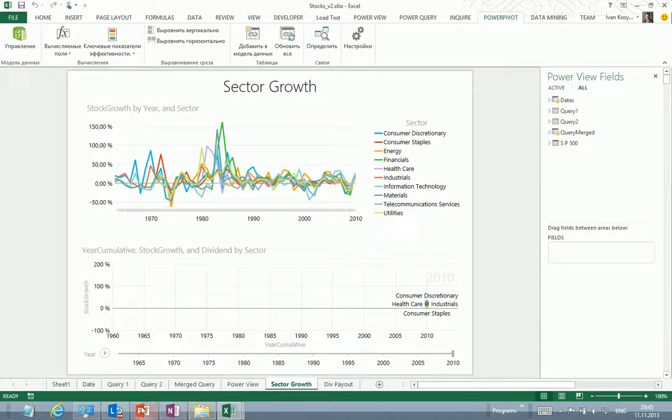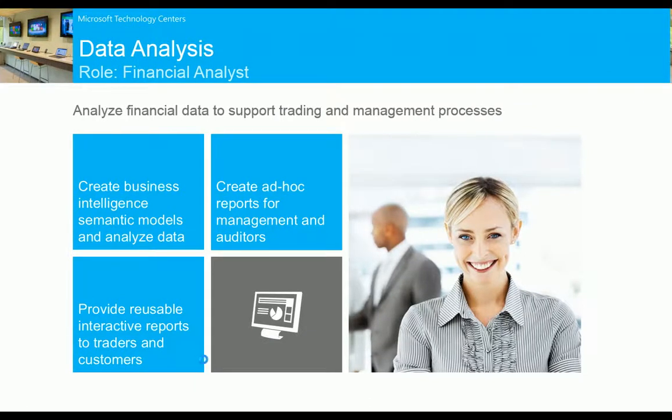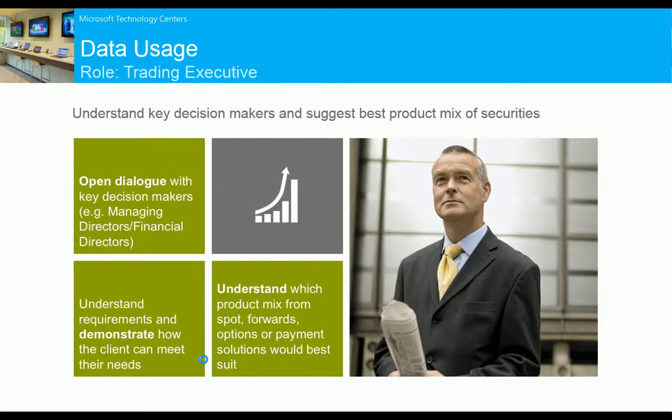The next step would be the trading executive receiving a link to this file from the business analyst. The goals of this trading executive are to understand key decision makers and suggest the best product mix of securities.